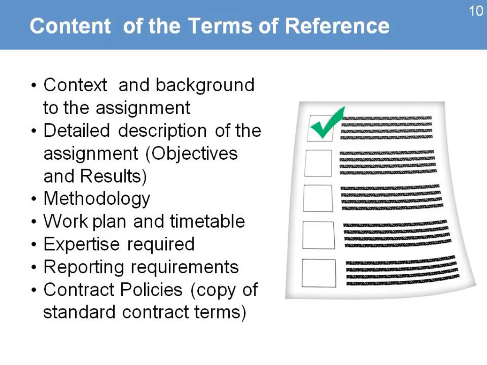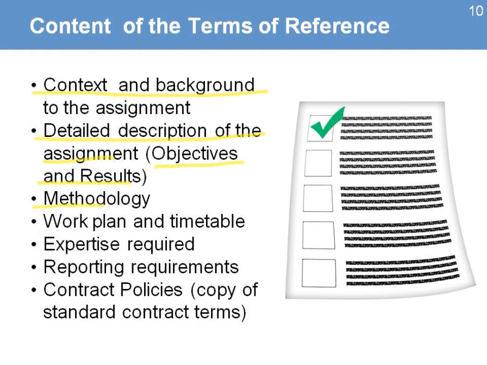Let's look at the content of the terms of reference. Typically, your regular terms of reference will have this information. It will have a context and a background of the assignment. It will have a detailed description of the assignment, meaning the objectives and the results, why we need that work, why we need that service, and what are the expected results out of that service.